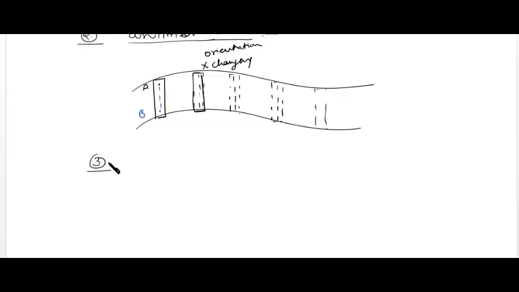The third type of motion we can categorize as rotational motion.